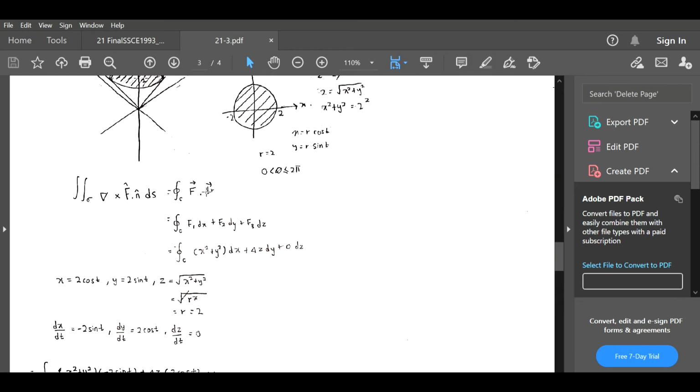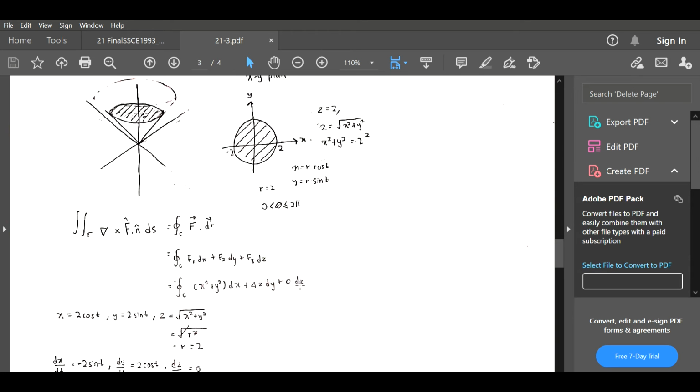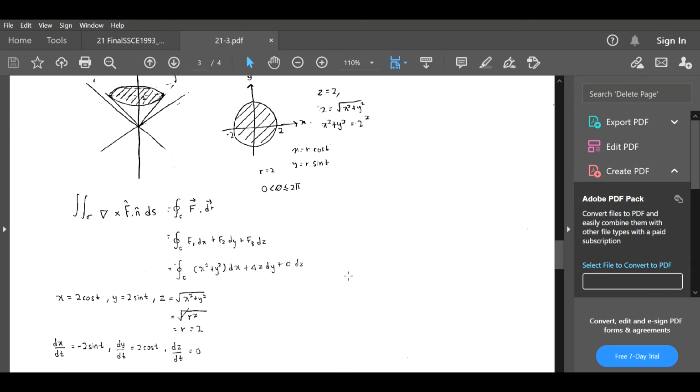Again, we make it more simplified for F1 dx, F2 dy, F3 dz. So F1 is from here, F2 is from here, and for F3 we don't have the k component, so it is 0.